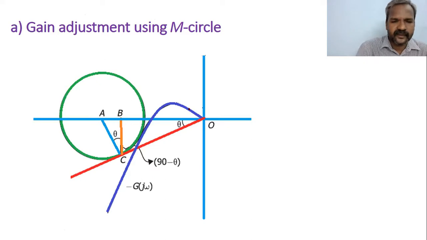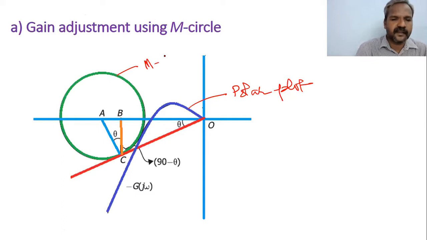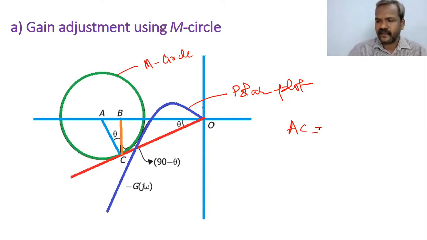So this is a polar plot. First we have to draw the polar plot. So this is the M circle, constant M circle. Here AC is the radius.